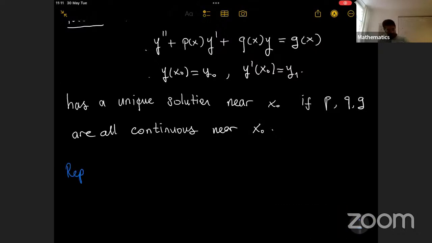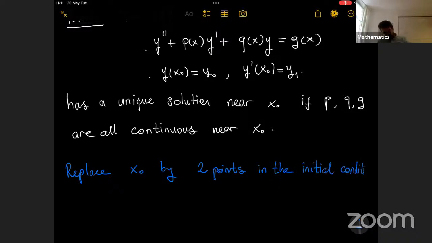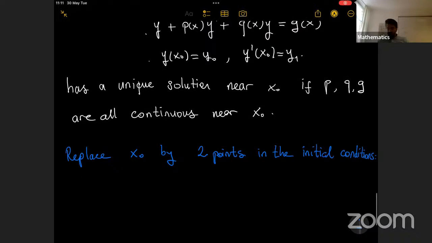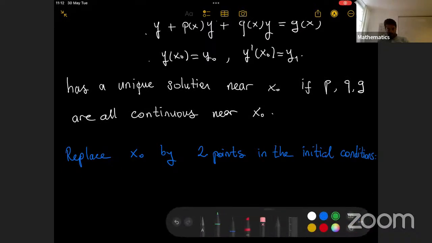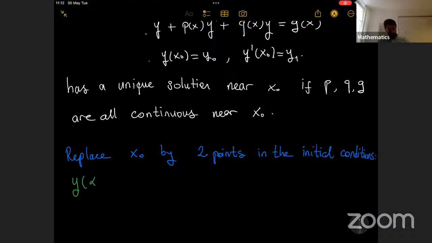So what I'm saying is the initial conditions will be y of alpha, instead of x0 we have alpha now. y of alpha is equal to y0.